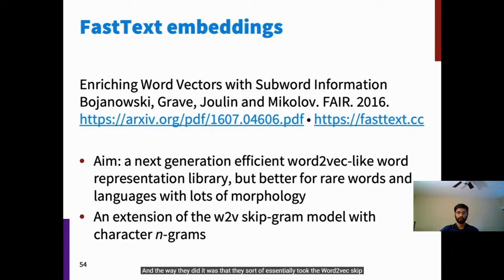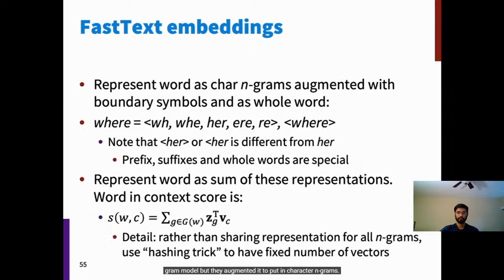And the way they did it was that they essentially took the Word2Vec skipgram model, but they augmented it to put in character n-grams. So more precisely, this is what they did. When you had a word, my example word is "where", for some n-gram size, you represent it as a set of n-grams.